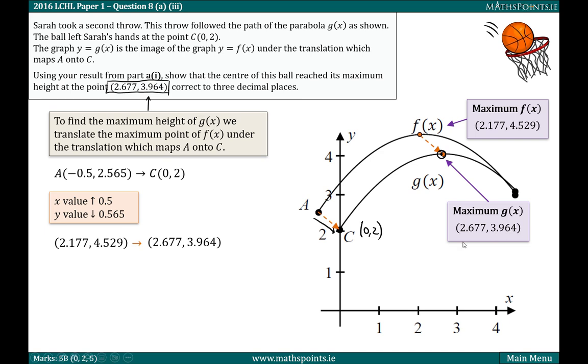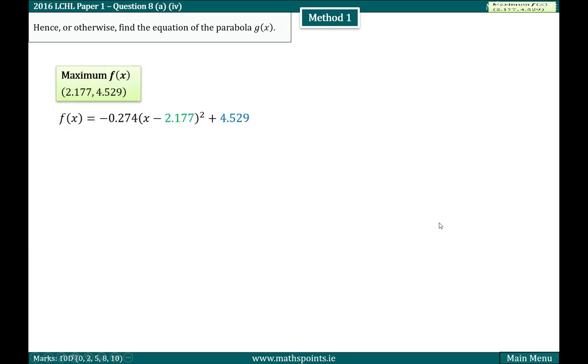Okay, the last question asks us to find the equation of this parabola. Well, these two functions are the same shape, the same curve, they're both n-shaped, they just have different maximum points. This is our original function, and we earlier on completed the square: minus 0.274 on (x minus 2.177) squared plus 4.529. We can see the maximum, (2.177, 4.529).